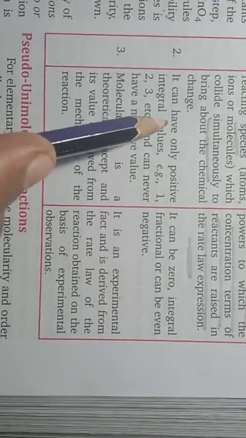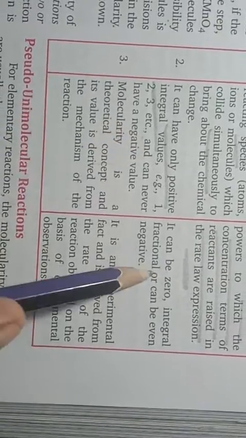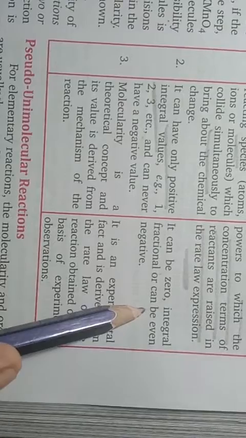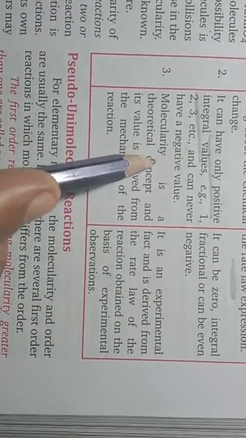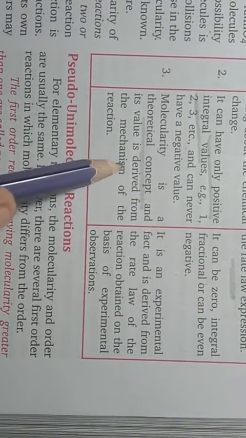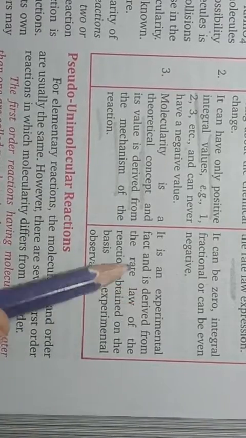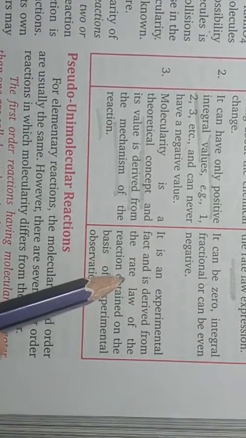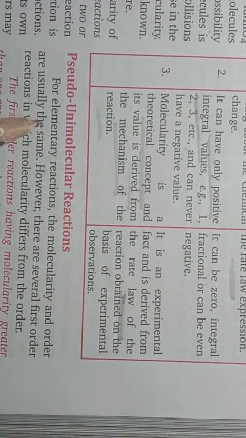Second point, molecularity can have only positive integral values as 1, 2, 3. But order of reaction can be 0, fractional, or can even be negative also. Then molecularity is a theoretical concept, and it is derived from the mechanism of the reaction. But order of reaction is an experimental concept and derived from the rate law of the reaction.